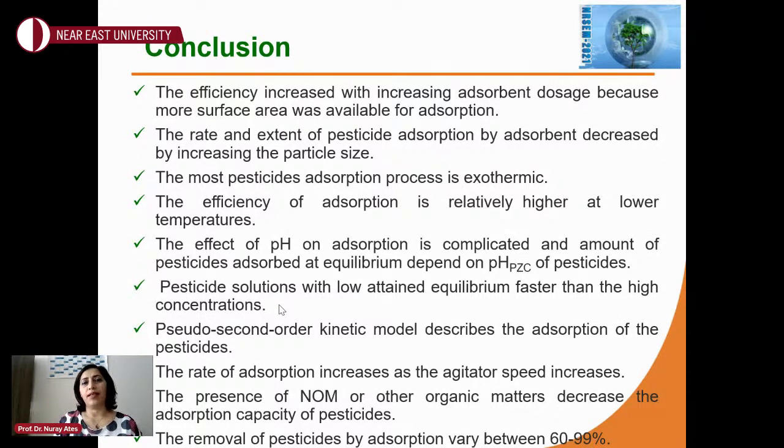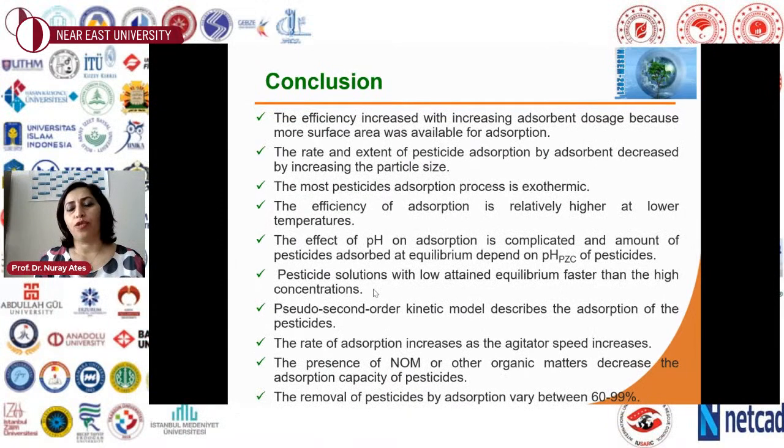The efficiency increased with increasing adsorbent dose because more surface area was available for adsorption. Also, the rate and extent of pesticide adsorption by the adsorbent decreased with increasing particle size, because it is related to the surface area. When the particle size gets bigger, the available surface area is smaller.